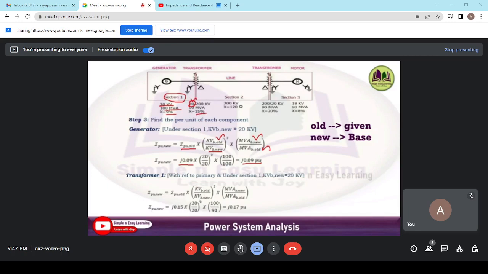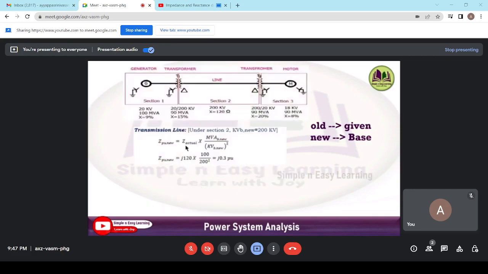The base kV is the section 1 kV, that is 20 again, and the MVAb base is 100. Divided by MVAb old, the given value of 90 MVA, if you simplify, you will get J0.17 per unit.